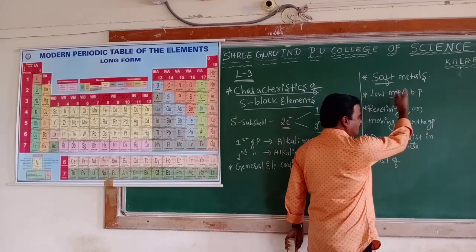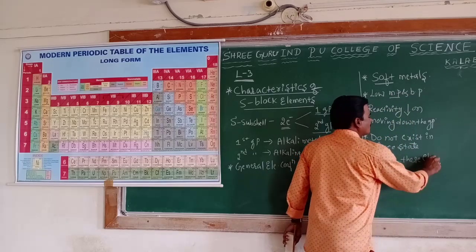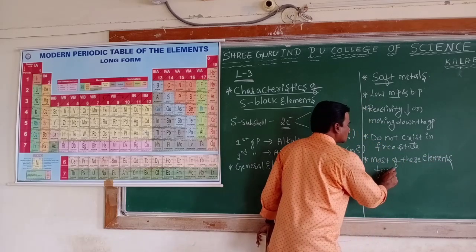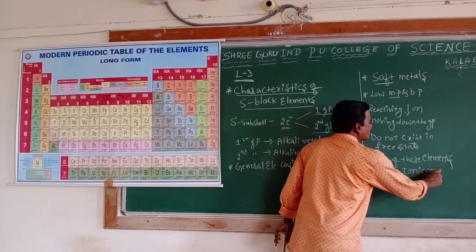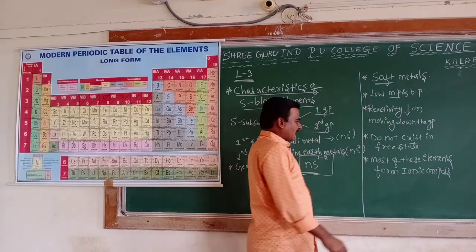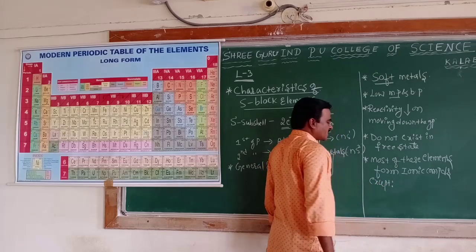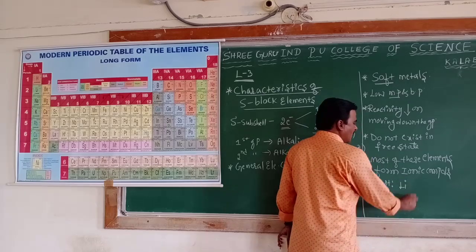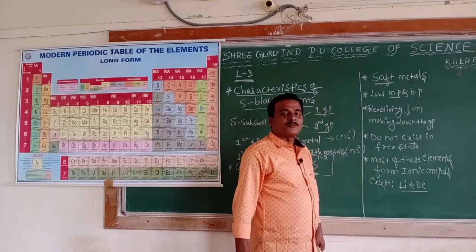Most of the elements of S block form ionic compounds, and here you have an exception: except lithium in group 1 and beryllium in group 2, they form covalent compounds.